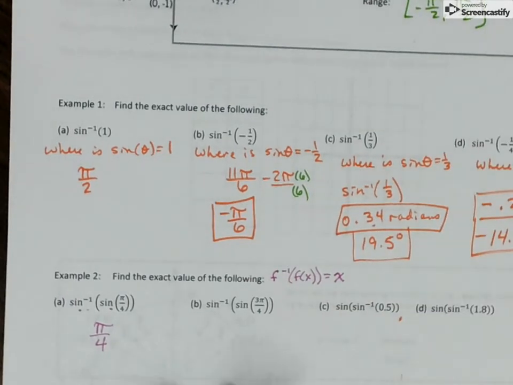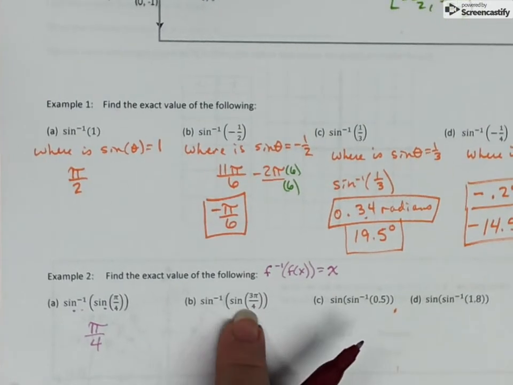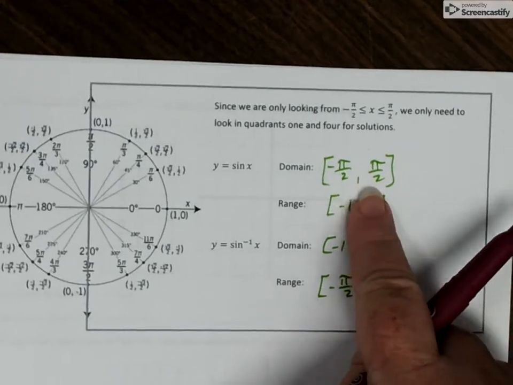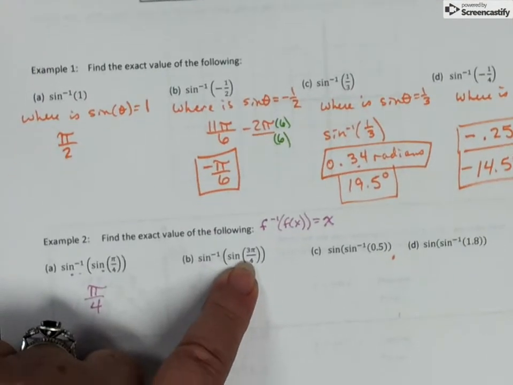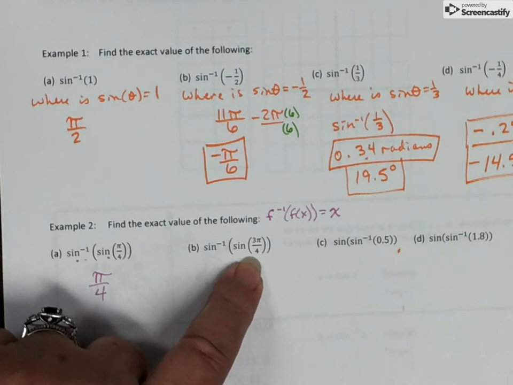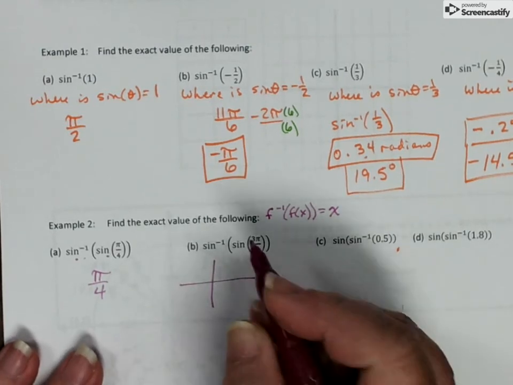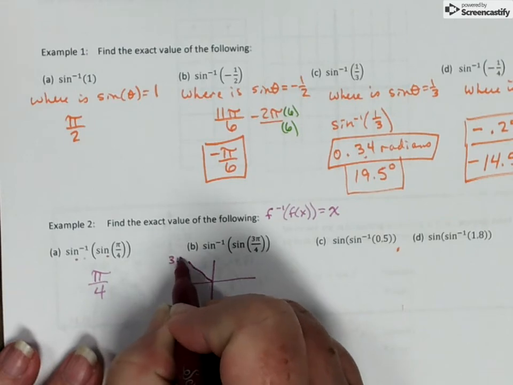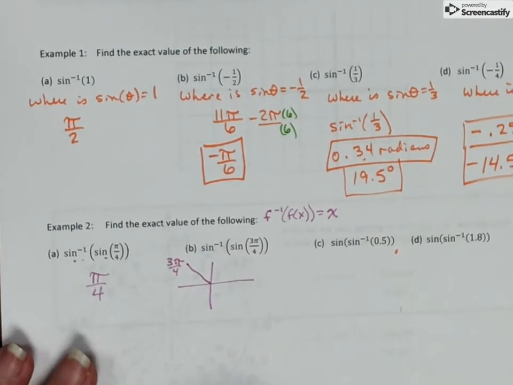Well, let's look at this next problem. The next problem says inverse sine of the sine of 3 pi over 4. I'm looking at the sine function, its domain, negative pi over 2 to pi over 2. Is 3 pi over 4 in that domain? It is not. So you have to think to yourself, where is 3 pi over 4? It is over here in quadrant 2. That is not a quadrant I can use.